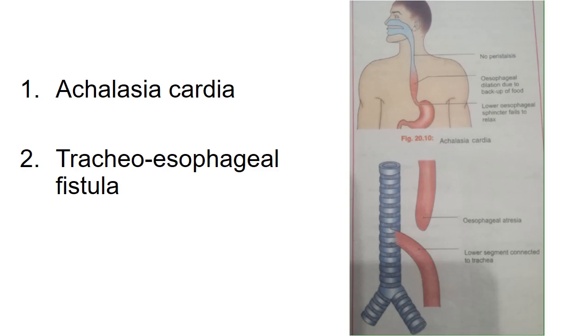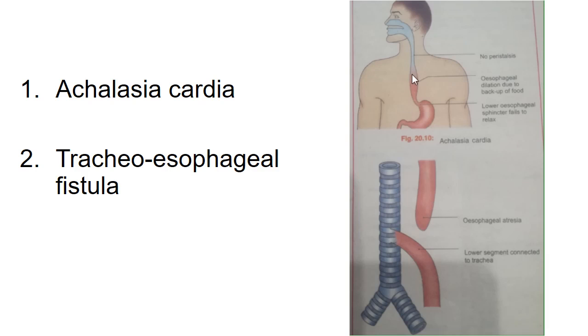What is achalasia cardia? As we all know, the lower end of the esophagus is normally kept closed. In cases of neuromuscular incoordination, the lower end of the esophagus fails to dilate with the arrival of food, which therefore accumulates in the esophagus.